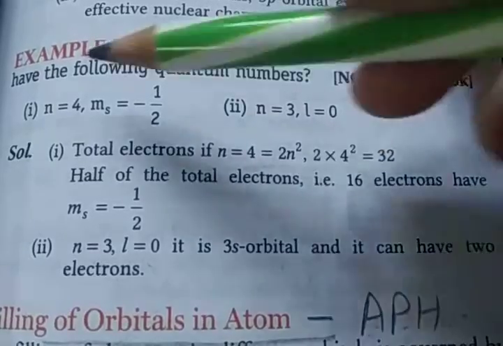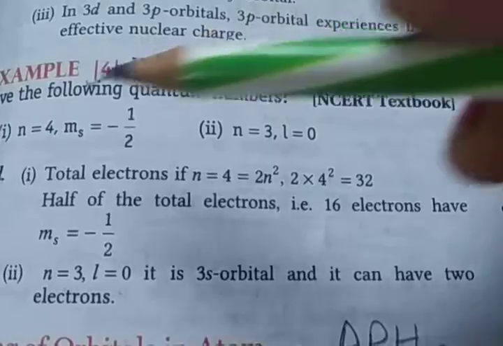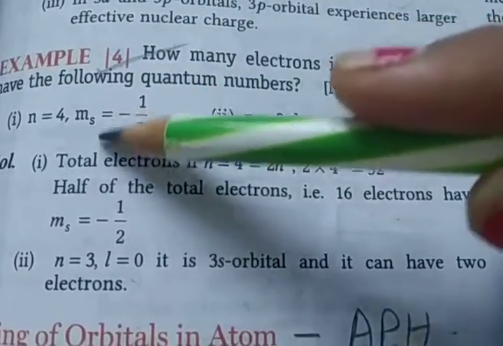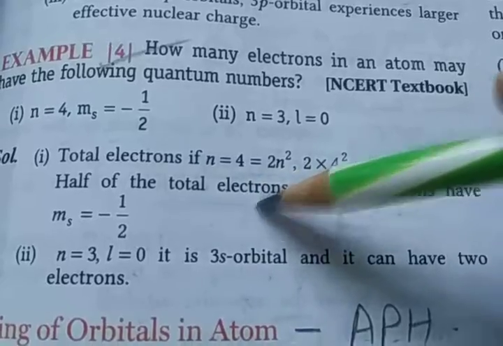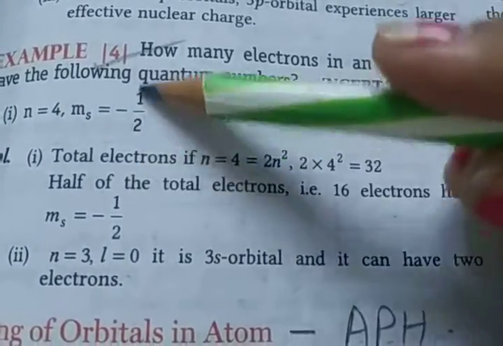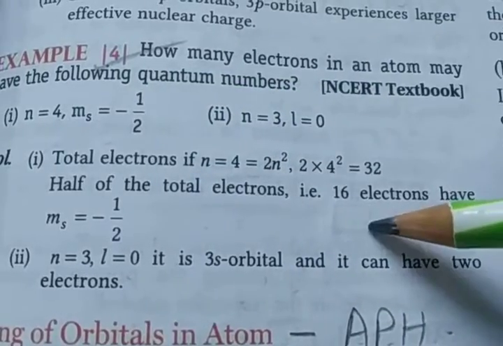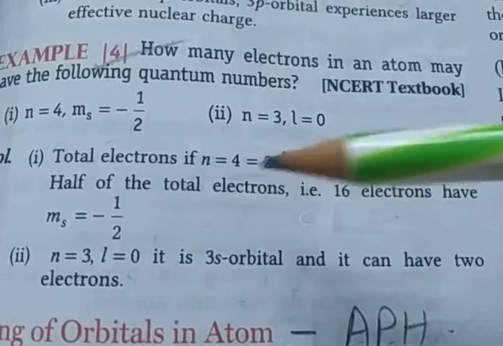So 2 into 4 square is equal to 32. Here ms is the spin quantum number, equal to -1/2, that means half of the total electrons. So 32 total, and -1/2 represents the spin, so half, 16 electrons have spin quantum number equal to -1/2.